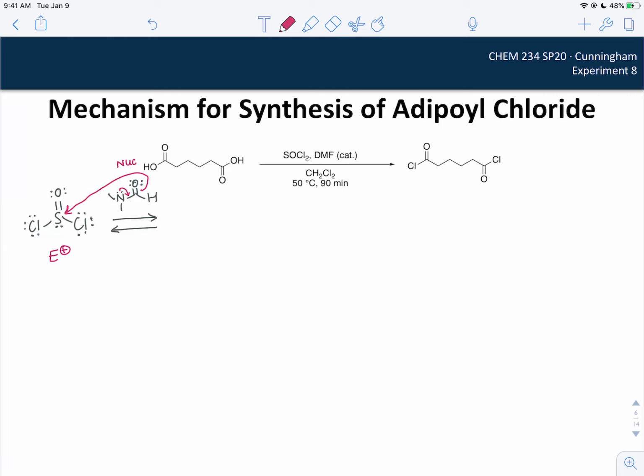And so we show that those electrons are kind of coming up onto oxygen and being used to form a bond to sulfur. Now sulfur is going to have to break a bond. The easiest one for sulfur to break is going to be the sulfur-oxygen pi bond. And so ultimately what that's going to give us is a structure that looks something like this.